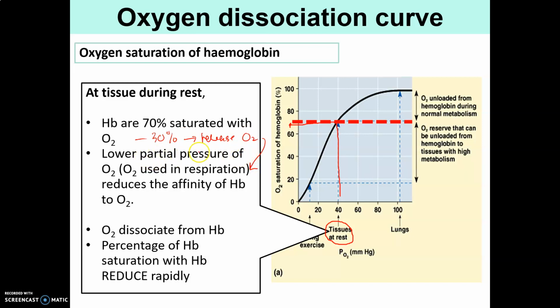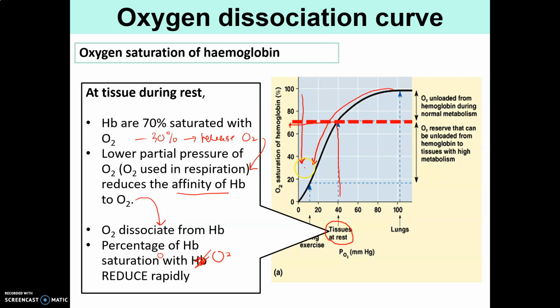Okay. Lower partial pressure of oxygen, okay, reduces the affinity of hemoglobin to oxygen, menyebabkan oxygen to dissociate from hemoglobin, from oxyhemoglobin, dan percentage of hemoglobin saturation with oxygen akan reduce rapidly. Betul lah kalau awak tengok dekat sini, semakin berkurang partial pressure of oxygen, semakin berkurang hemoglobin yang bind dengan oxygen.